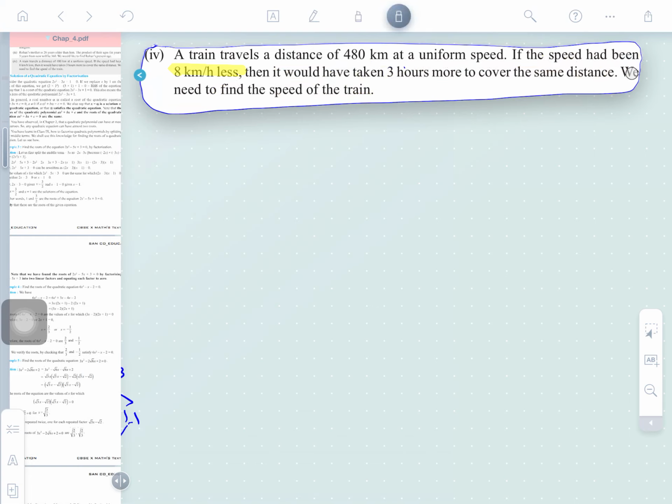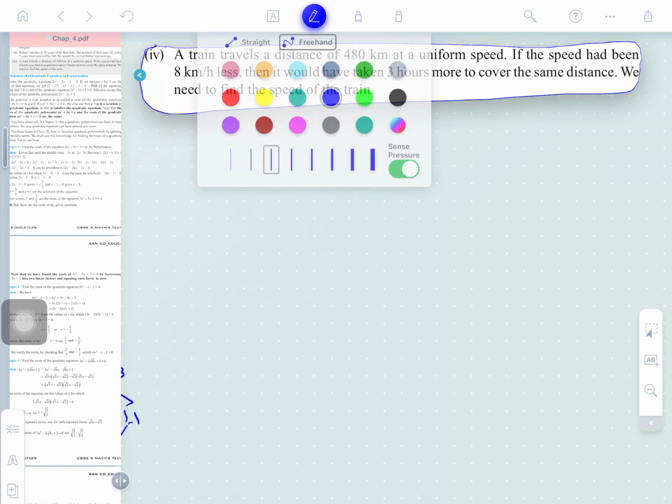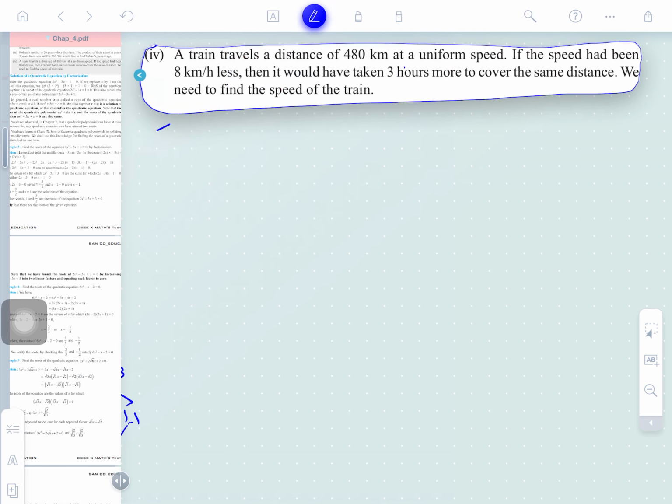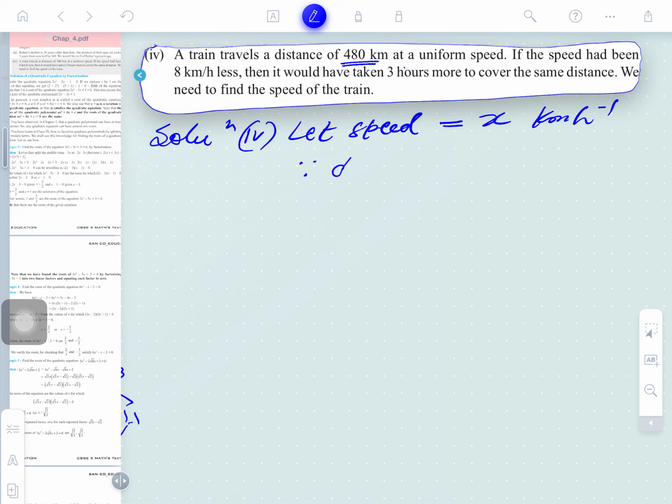So, how can we find the speed? Your unknown term is the speed, so where must your solution begin from? The solution must begin with: let the speed be x kilometer per hour. One variable is to be taken, x kilometer per hour. The distance is also given, 480 kilometer.